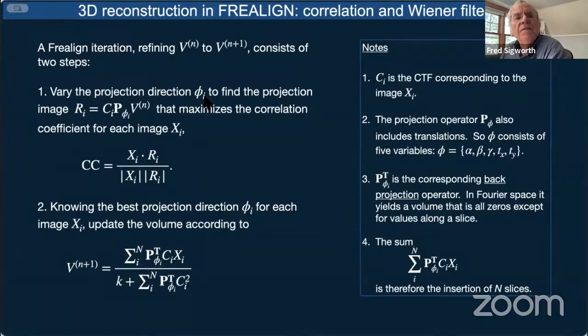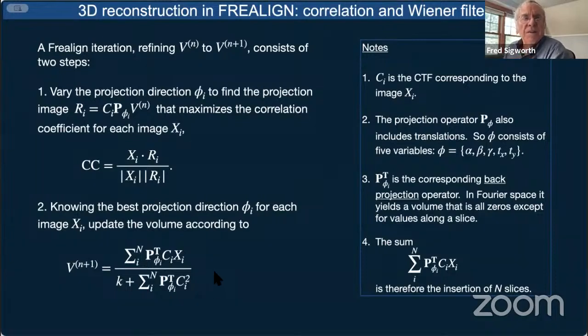And so what we do is we vary this direction phi to find the reference image that maximizes the correlation coefficient for a given x sub i. So the correlation coefficient, remember, is the correlation between these two normalized.